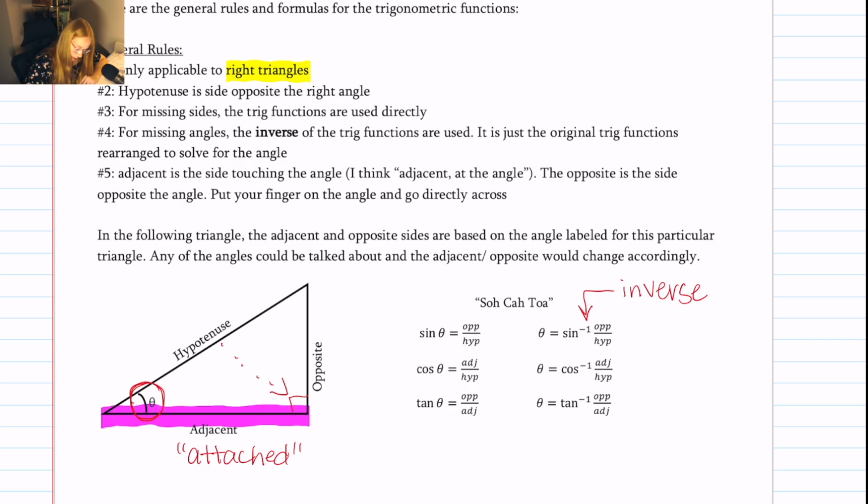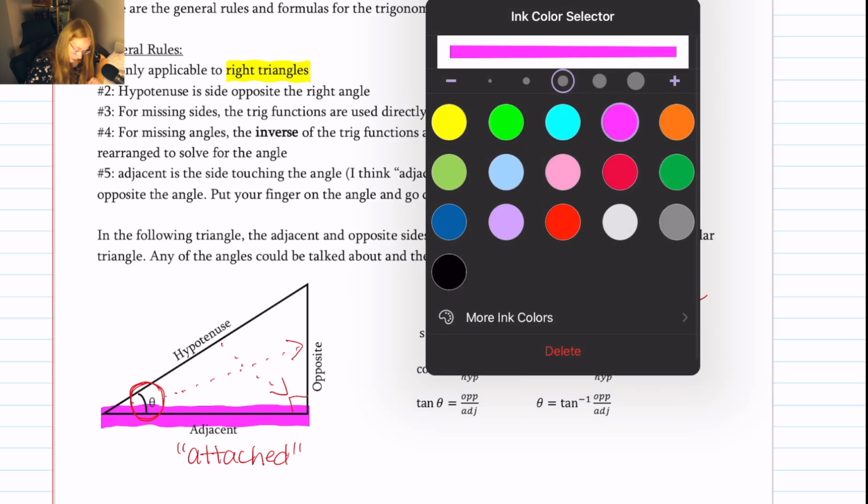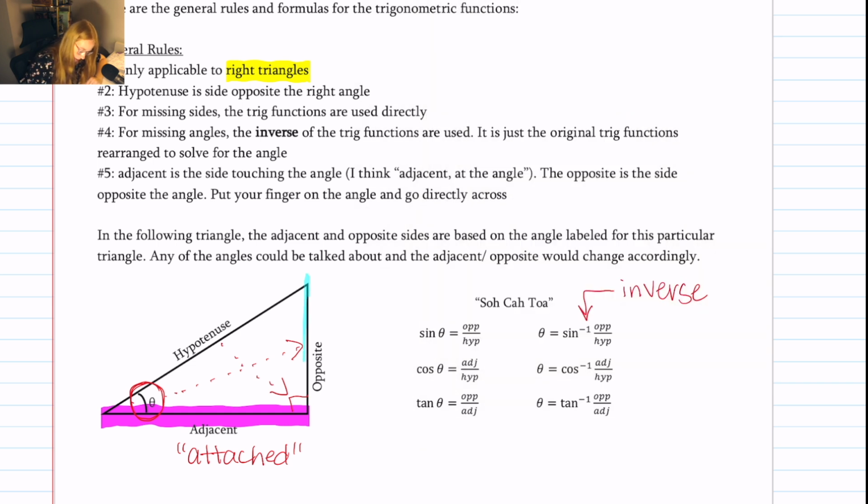And for the opposite side, you look at that angle and go all the way across, and that is going to be the opposite. Let me highlight it in a different color. This would be the opposite side.